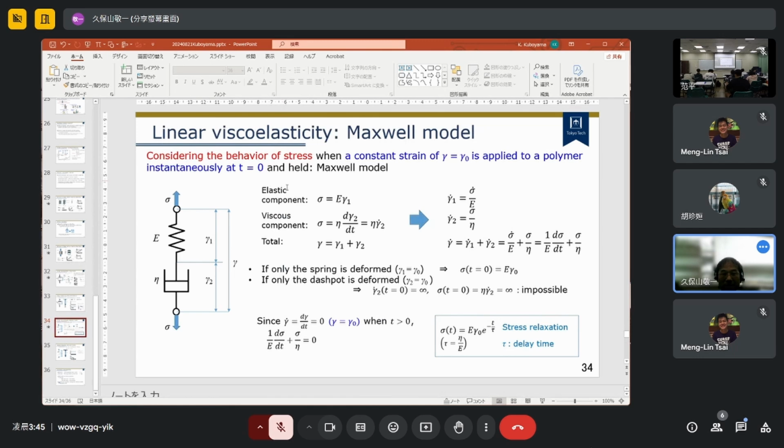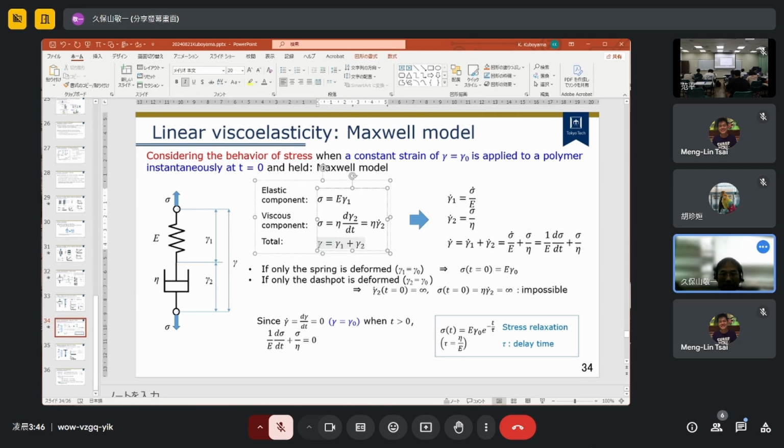In that case, normally you can use the Maxwell model. The Maxwell model is like this, different from the Voigt model. In this case, you can also make equations like this separately, and you can combine these two equations by using the equation of the strain.